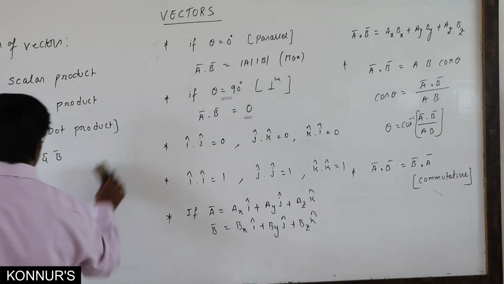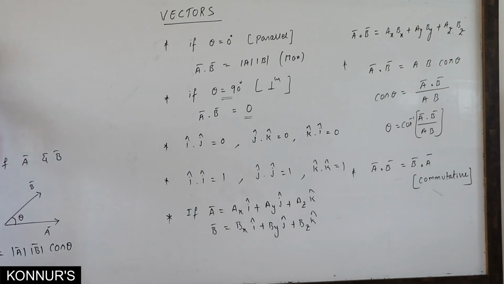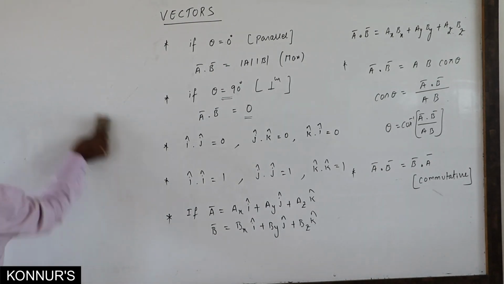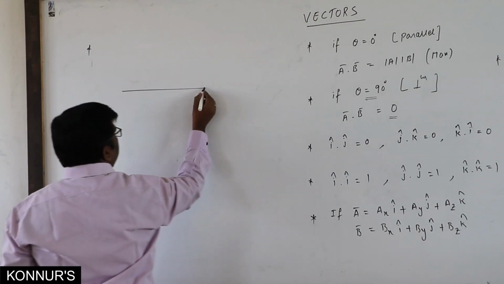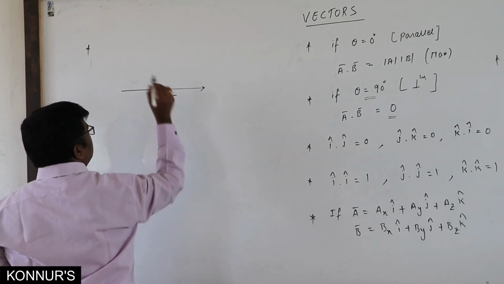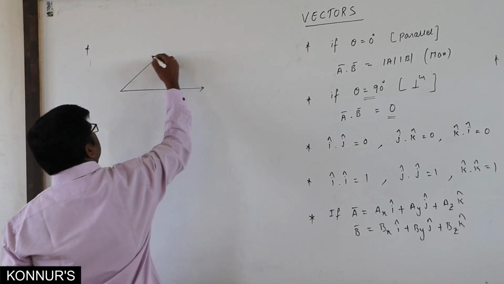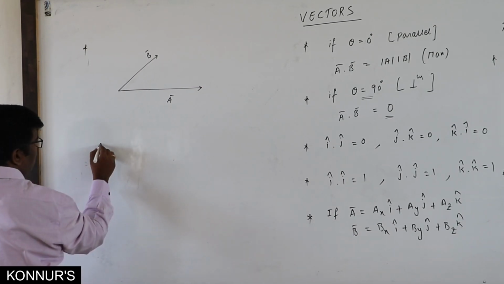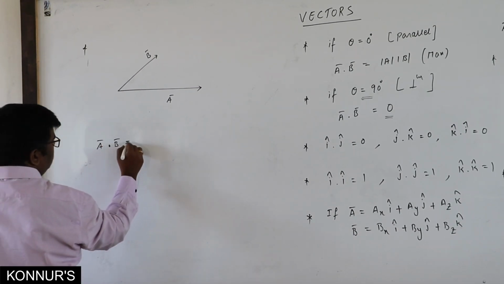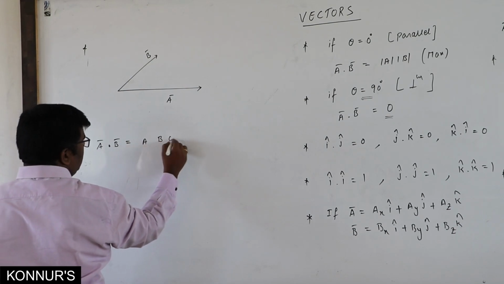Next, one more thing. If this is the vector a bar and this is the vector b bar, the dot product is what we write as a bar dot b bar equals a b cos theta.